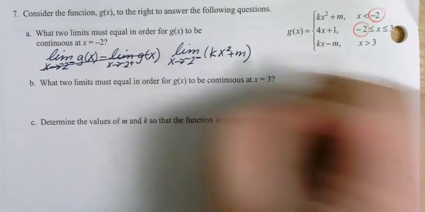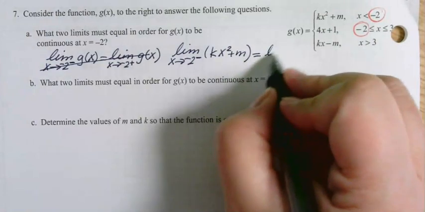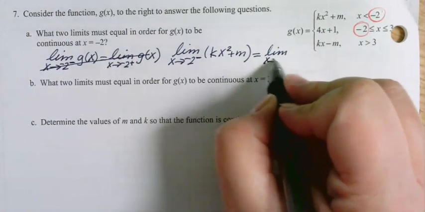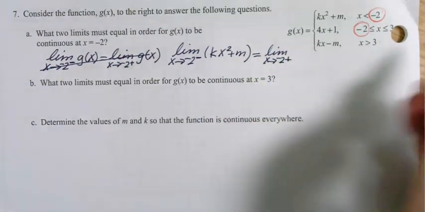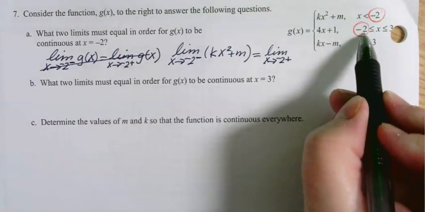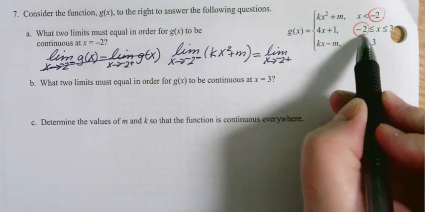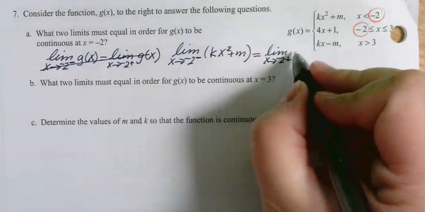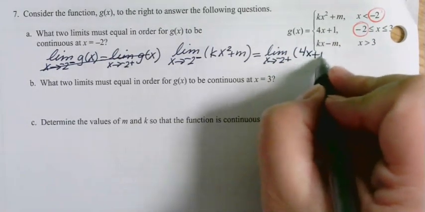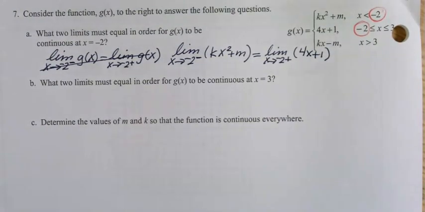I need that to be equal to the limit as x approaches negative 2 from the right, which is happening right here. Okay, these are when we're at negative 2.0001, we jump down to here. So that's of 4x plus 1. So that's what they're asking me, is what 2 limits do you need to be equal for that to be continuous?